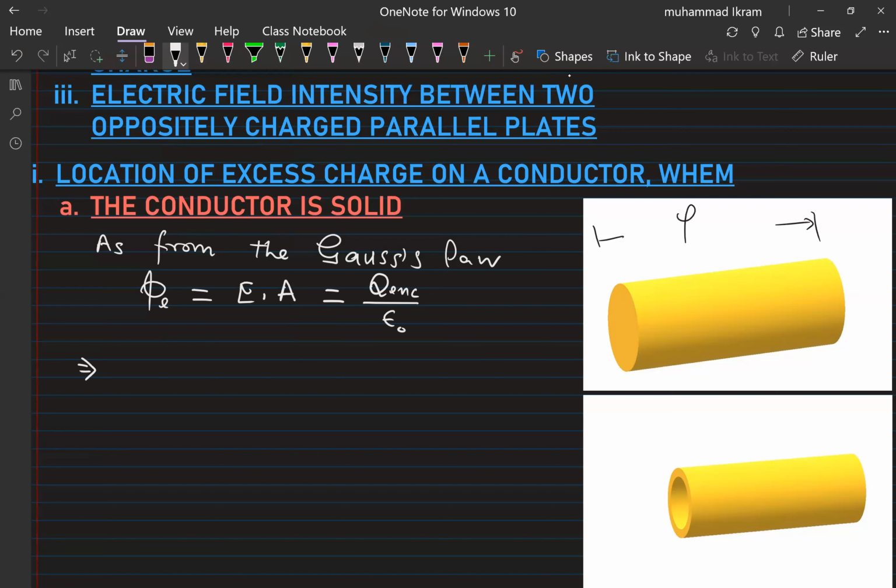Or we can write that the charge enclosed over epsilon naught equals EA.